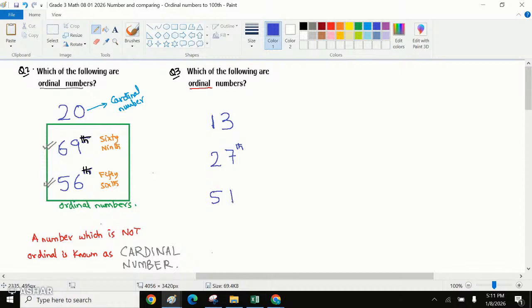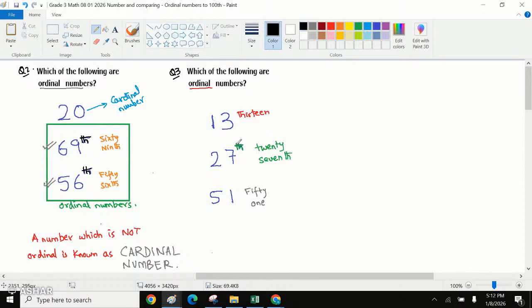The first number is 13, and we can call this 13 because it does not have a th next to it. This is 51. But for 27 we have a th over there, an abbreviation of th. So can we say 27th? Because this is ending with a th, right?